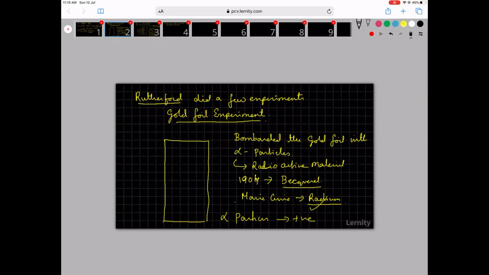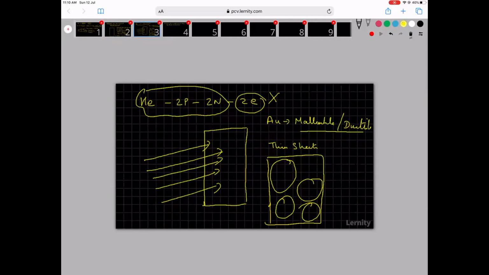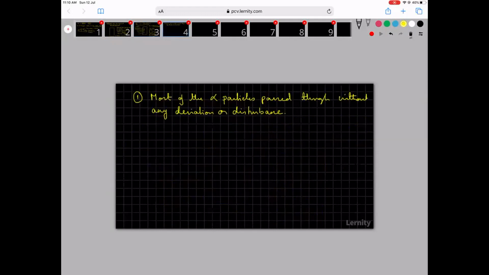This is an experiment conducted by Rutherford where he took gold foil and bombarded it with alpha particles. Alpha particles are positively charged helium nuclei. When he bombarded, most of the alpha particles passed through without any deviation or disturbance.